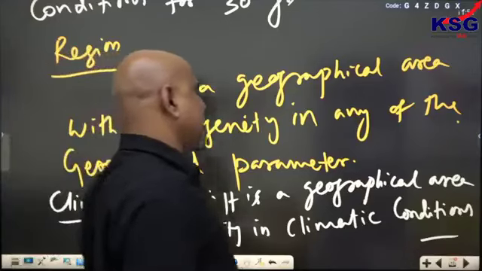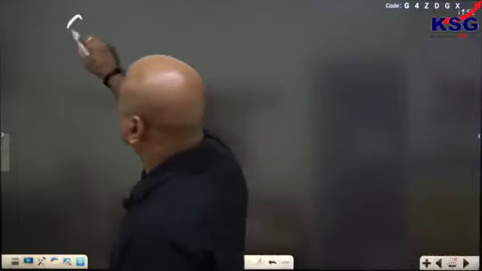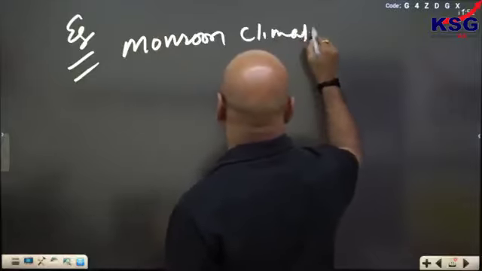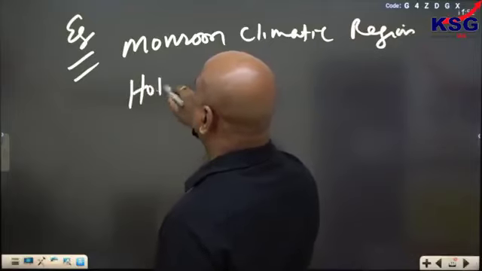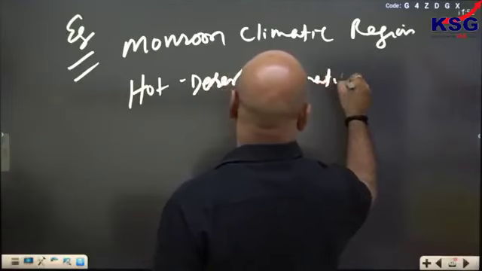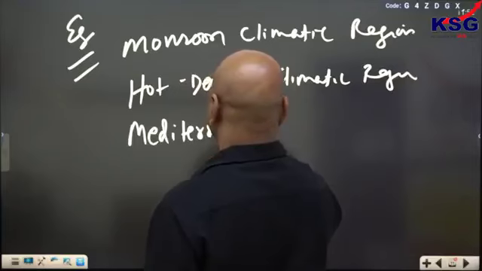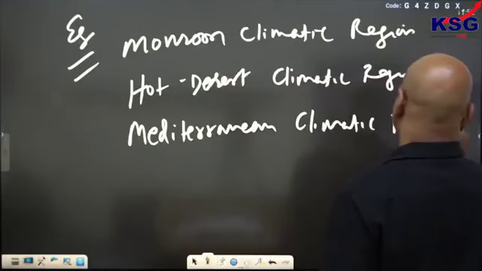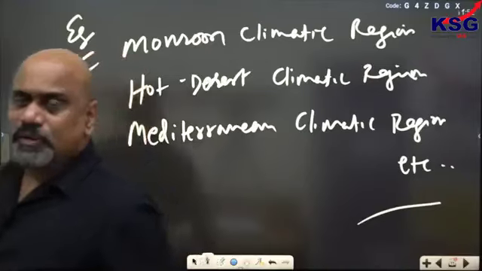So, based on this we can say, as examples you can give monsoon climatic region, hot desert climatic region, Mediterranean climatic region, etc. Likewise, we can give these different climate regions.